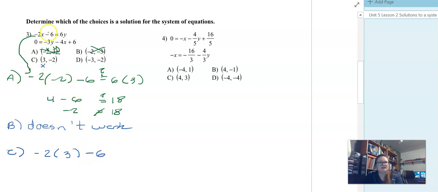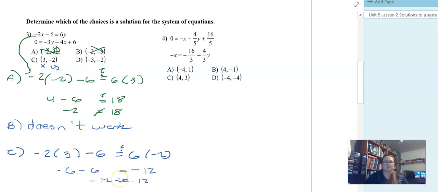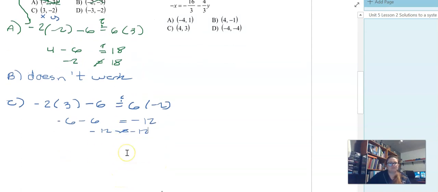And notice for A, I didn't even bother to check the second equation, because the first one didn't work, so there's no point. Equals, hopefully, 6 times -2, which is y. So that's -6 minus 6. Does that equal -12? Yes, it does. So we're on the right track.